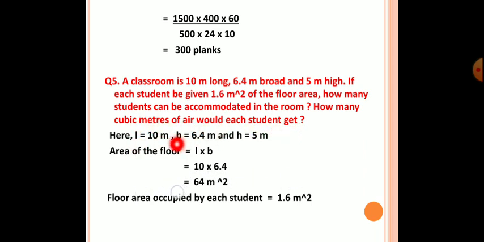Here L is equal to 10 meter, B is equal to 6.4 meter, and H is equal to 5 meter. Let us first find out the area of the floor of the room, that is length into breadth. So 10 into 6.4 is 64 meters square. Floor area occupied by each student, as given in the question, is 1.6 meters square. So how to find how many students were there in the room?